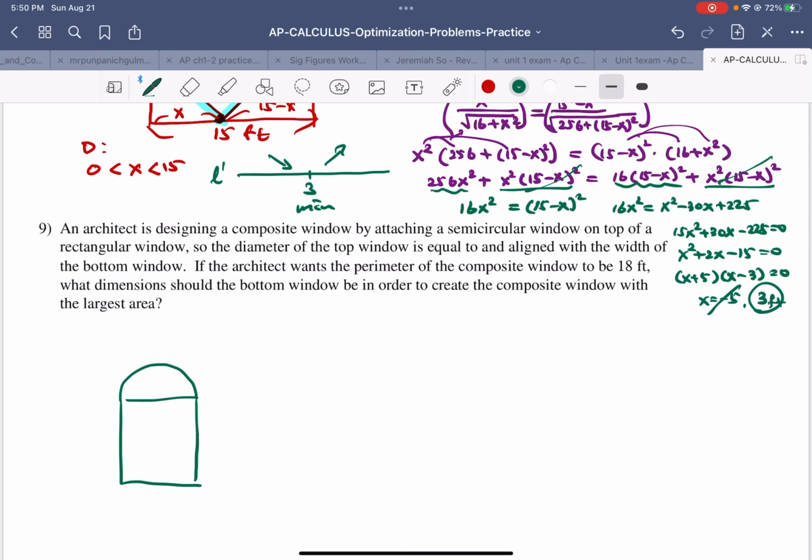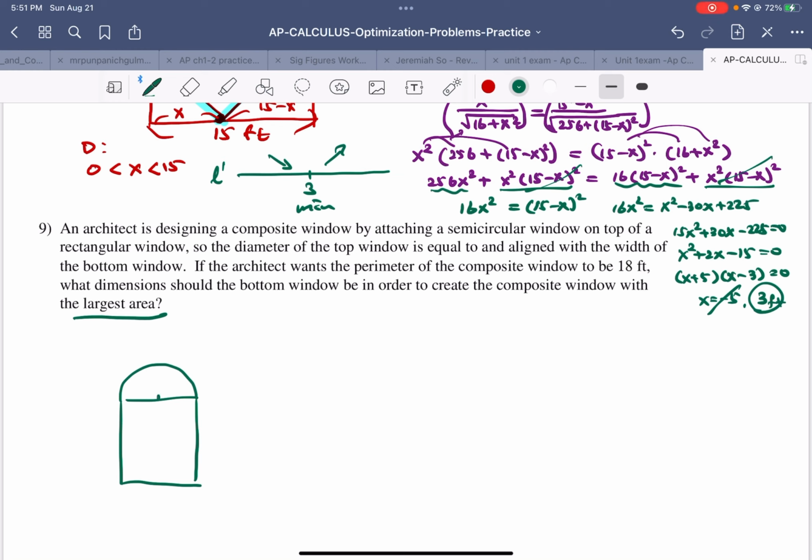The architect wants the perimeter of the composite window to be 18. Okay. Perimeter means the length all the way around, only outside though. Now, what dimension should the bottom window be in order to create the composite window's largest area?